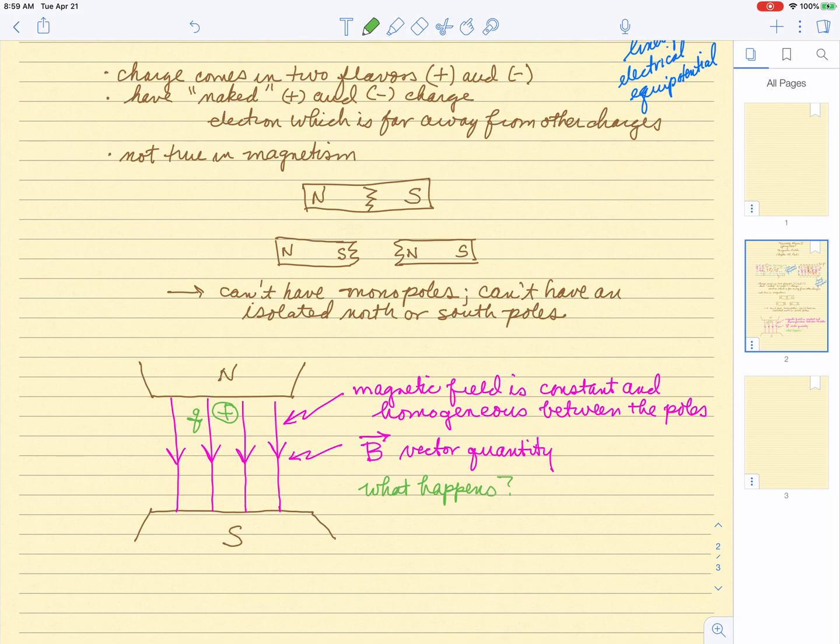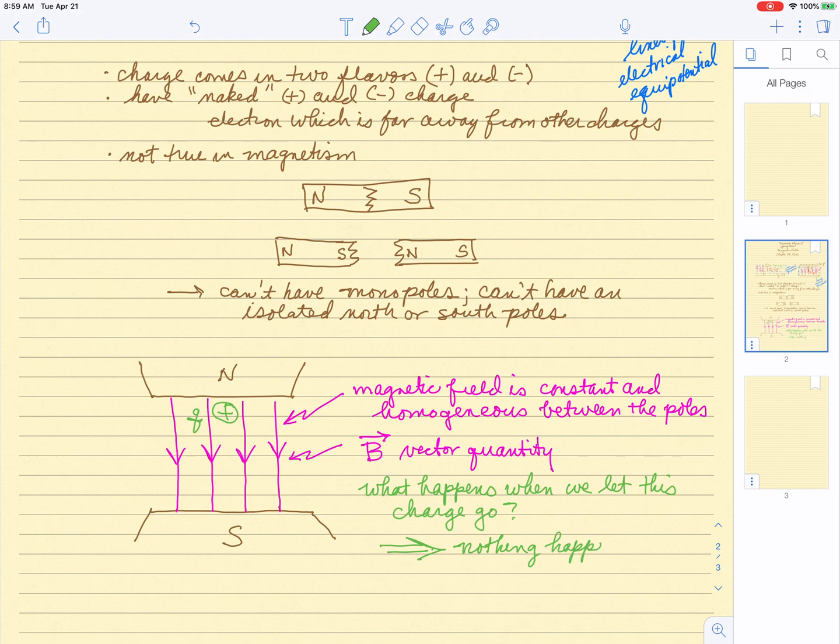All right. So let's write that out explicitly. What happens when we let this charge go? And the answer is surprisingly nothing. Right?